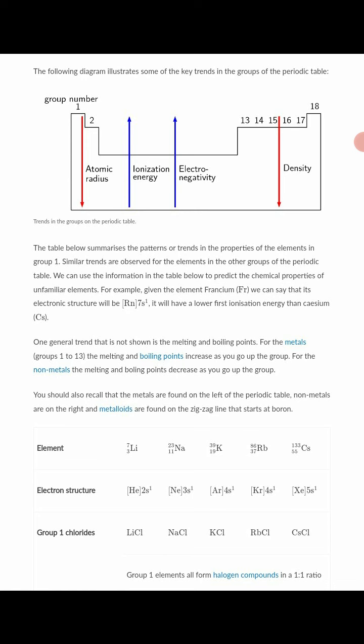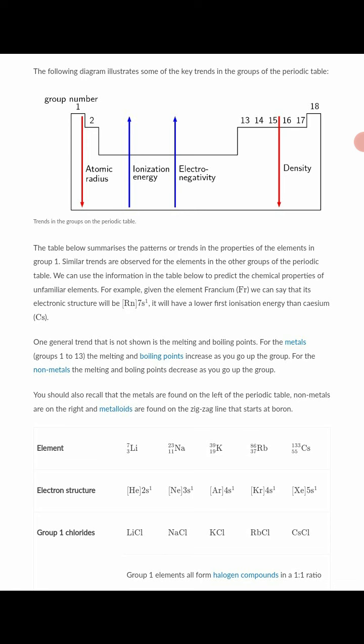Can you see s1? Potassium 19: 1s2, 2s2, 2p6, 3s2, 3p6. That's 18. Then 4s1. Can you see s1? So that of francium will be that of radon. Radon is a noble gas, a group 8 element. Will be that of radon and 7s1. So francium will have a lower first ionization energy than caesium, Cs.